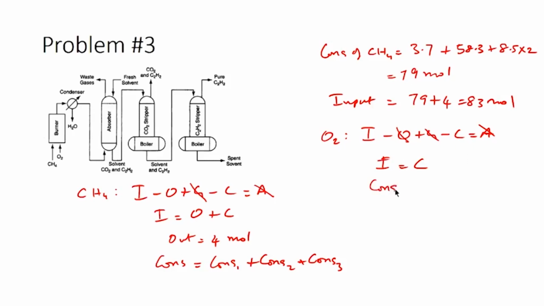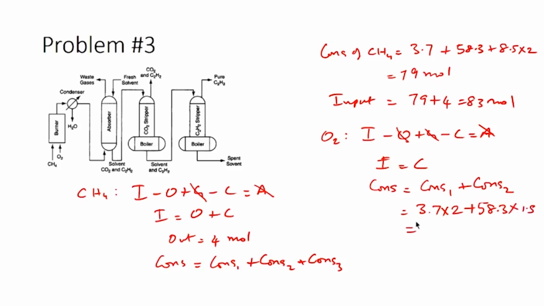We now need to identify what the consumption is. The consumption of oxygen would happen through the first two reactions. Reactions 1 and 2 both consume oxygen. So, you would have to identify the consumption of oxygen in the first reaction and in the second reaction. Using the stoichiometry of the reactions given, we know that for every mole of carbon dioxide produced, 2 moles of oxygen are consumed. Similarly, for every mole of carbon monoxide produced, 1.5 moles of oxygen are consumed. So, the consumption of oxygen is equal to generation of carbon dioxide times 2 plus generation of carbon monoxide times 1.5.